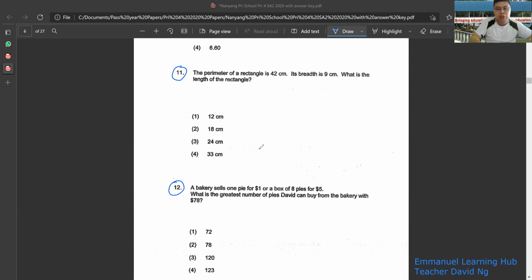You know how to do this question? 42 divided by 9? Wrong. You know what this statement means, perimeter? 9 plus 9 equals 18, and 42 minus 18 equals both the lengths, then divided by 2. Precisely. So you actually know how to do.